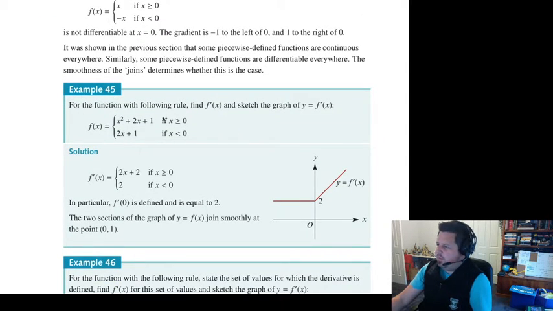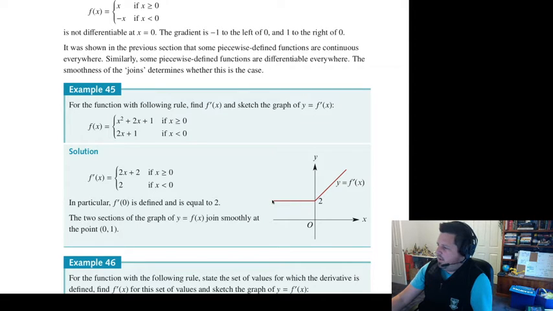So let's have a look here. Example 45. We've got the hybrid function, so greater than 0 is obviously this quadratic bit. Here we've got the linear part when it's less than 0. If you had to sketch the derivative f dashed x, it's obviously going to be these parts. That's the derivative of that, that's the derivative of that.